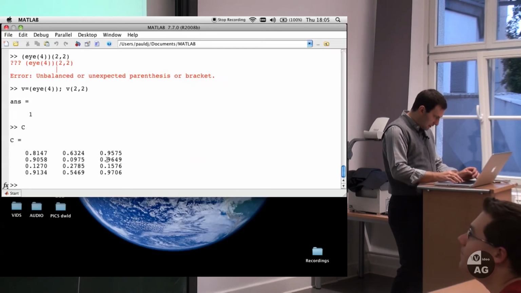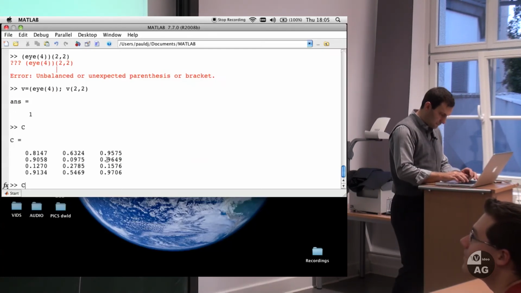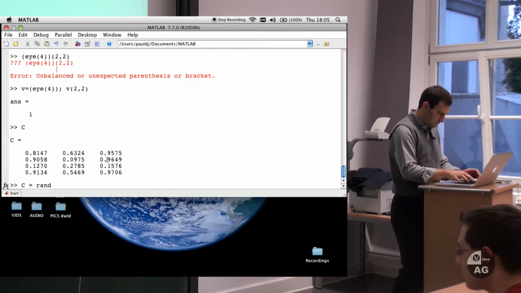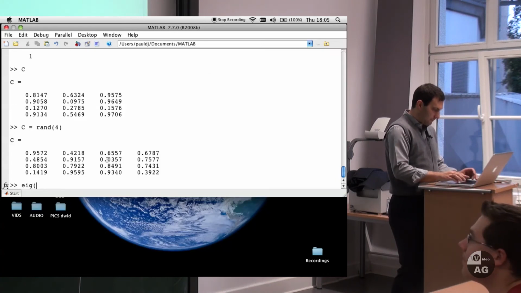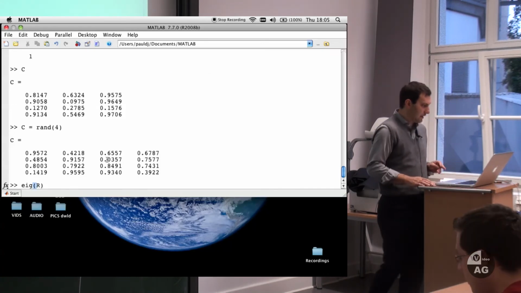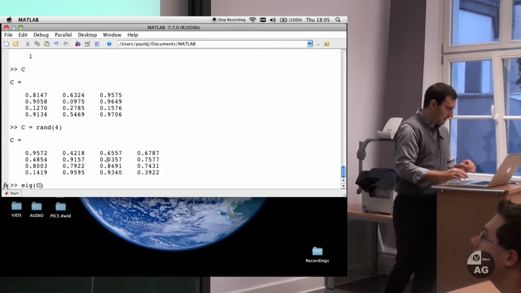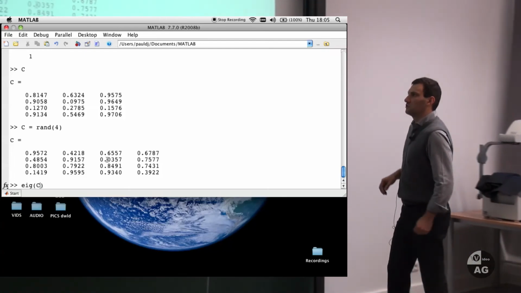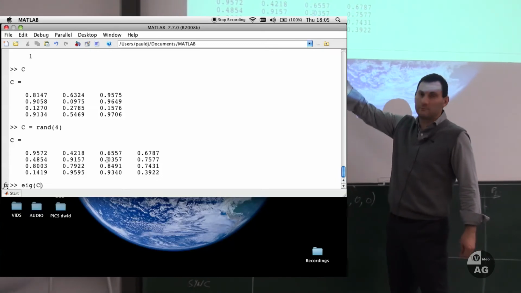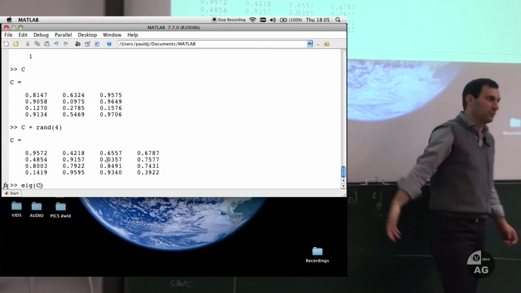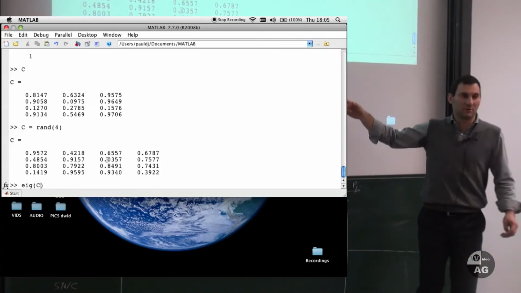Yes. But it's not square. Okay. eig of C. For those of you who know what eigenvalues and eigenvectors are, eig is going to compute eigenvalues and eigenvectors of the matrix C.